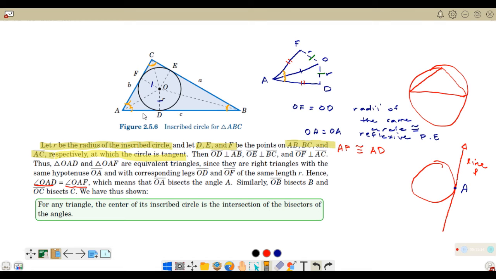If you were given three sides, then draw your triangle accordingly. If you are given two sides with an angle, then draw your triangle accordingly. After that, to draw the circle inside, all you have to do is bisect all three angles.